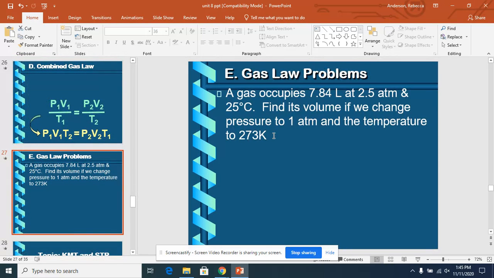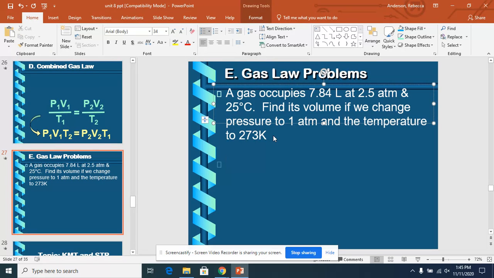Okay, since none of this is new information, because as pressure goes up, volume goes down, and as temperature goes up, just like we talked about for all three laws so far. Here our question says, a gas occupies 7.84 liters at 2.5 atm and 25 degrees Celsius. Find its volume if we change the pressure to 1 atm and the temperature to 273 Kelvin.